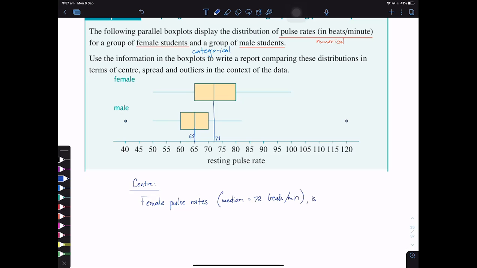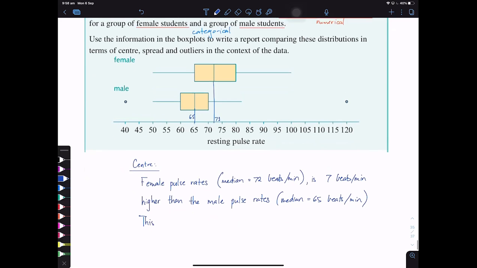That's 7 beats per minute higher. So notice I said higher than in this case, not longer than, because we're talking about the pulse rate, than the male pulse rates, which has a median of 65 beats per minute.